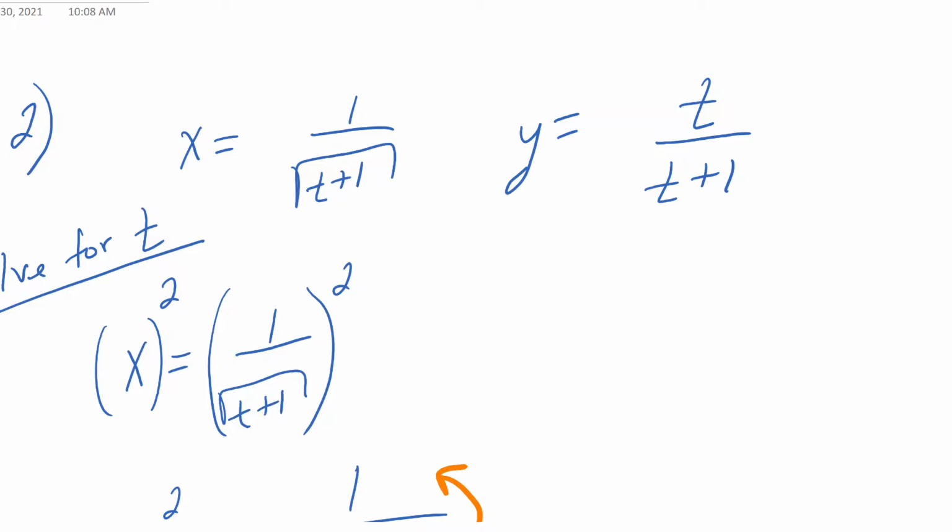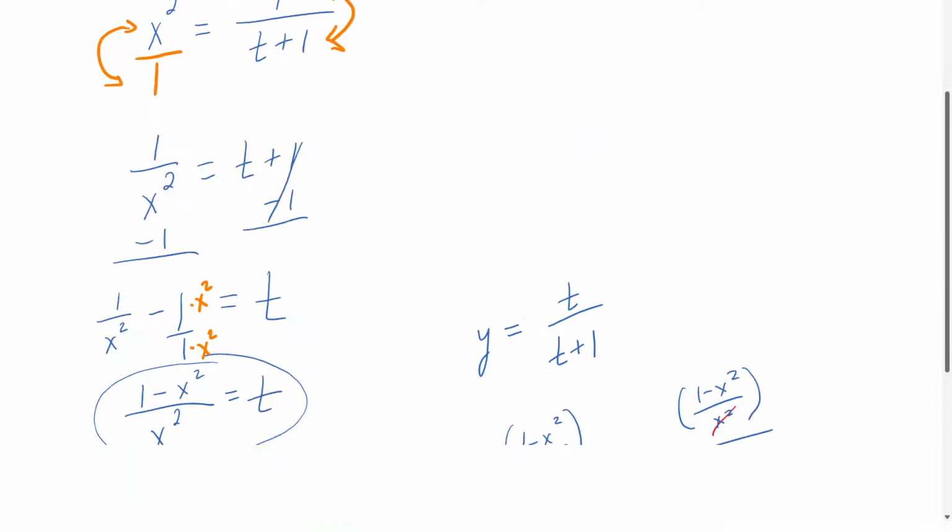The denominator cannot be 0, ever. But also inside here has to be greater than 0. So overall, this value just has to be greater than 0. That's a restriction we have to worry about here. Square root of t plus 1 has to be greater than 0.